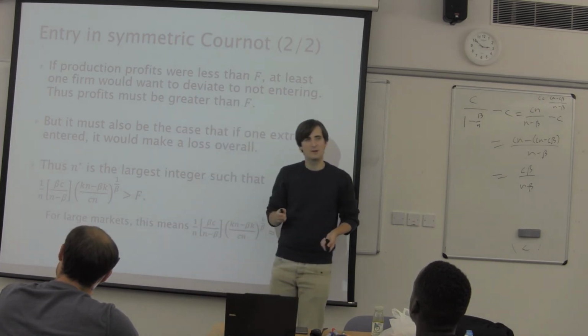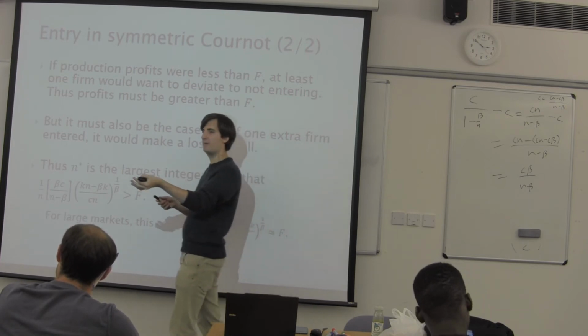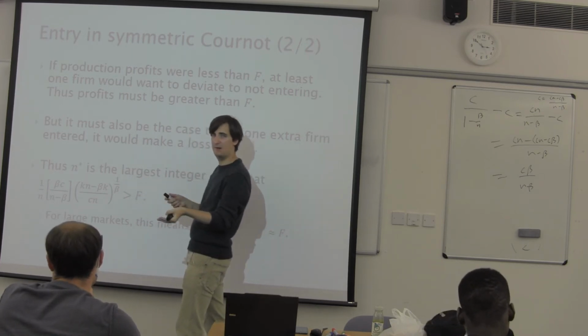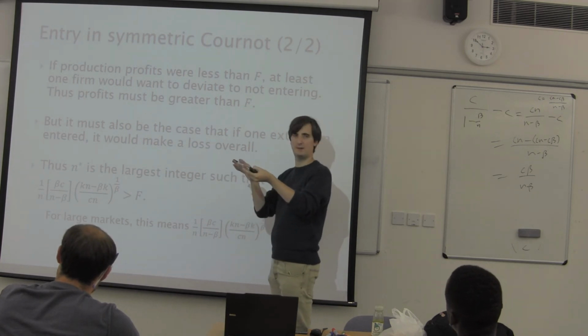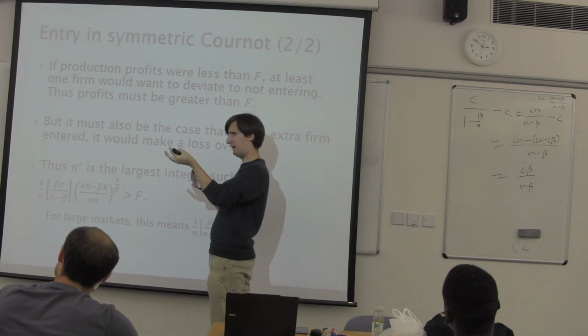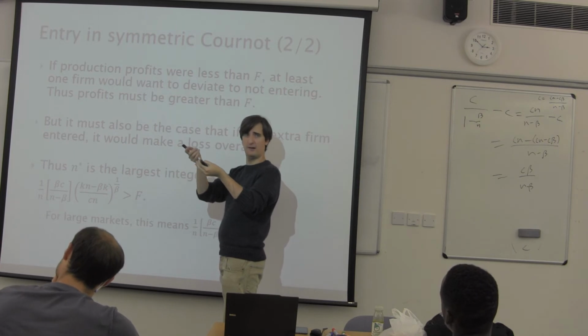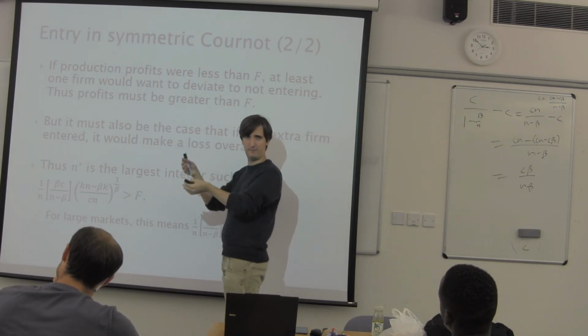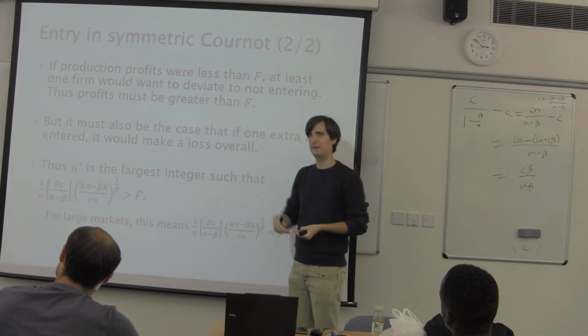So we know that the profits they make from production have to be bigger than the cost they pay to enter the industry. But they also can't be so much bigger that another firm would like to enter. If the profits were so high that a new entering firm would also make higher profits than the entry cost, then that firm would like to enter in the first place.